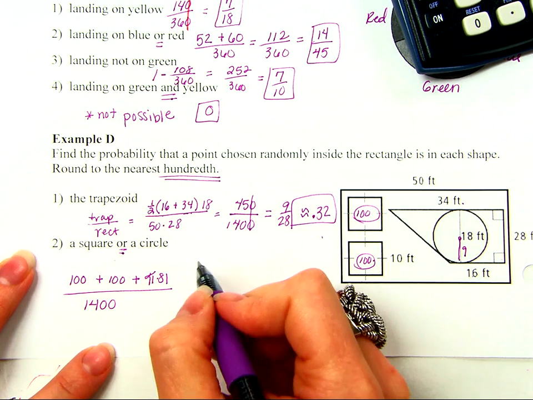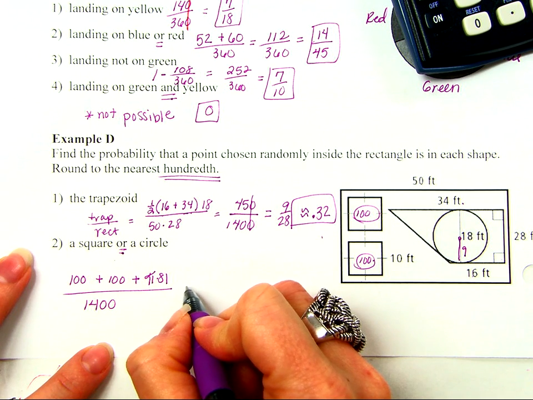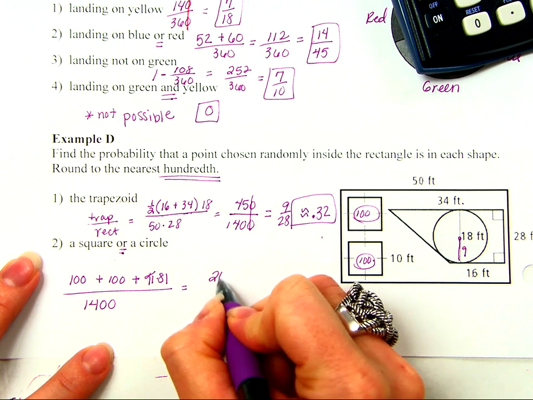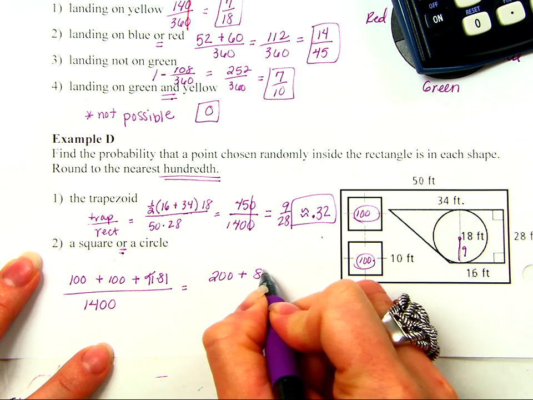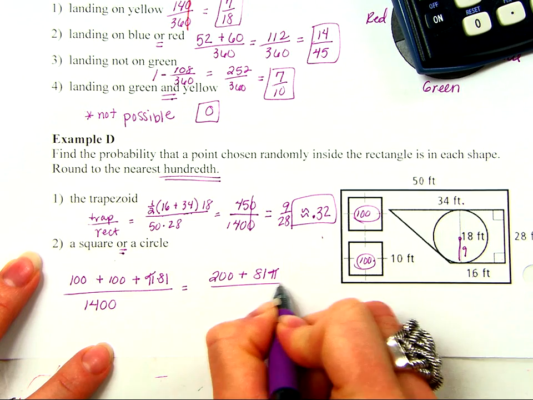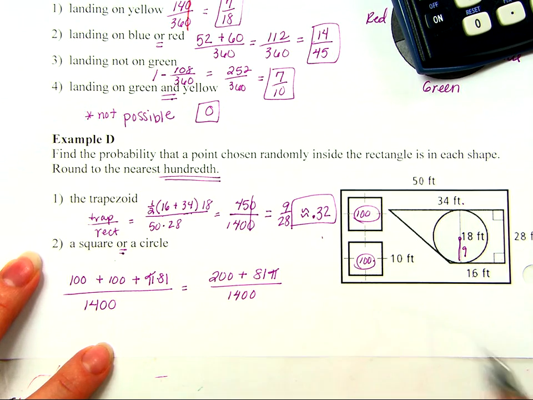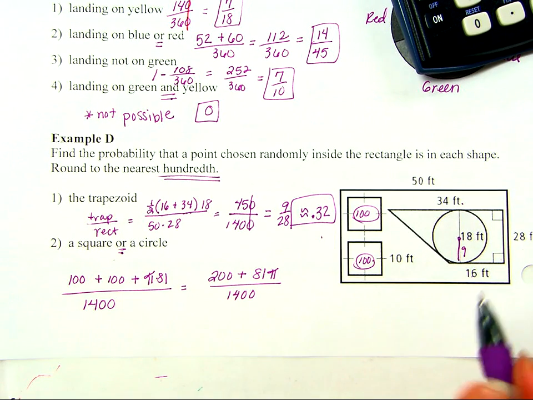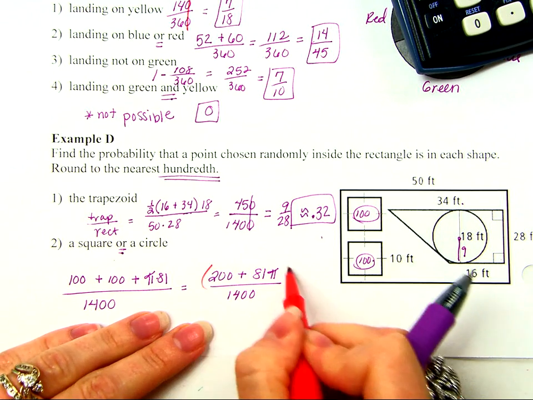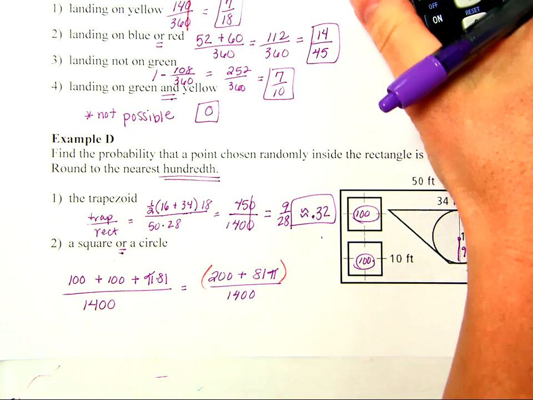Now, I could simplify a little bit here. Now I'm just simply going to divide this out, but I am going to make sure that I put my numerator in parentheses.